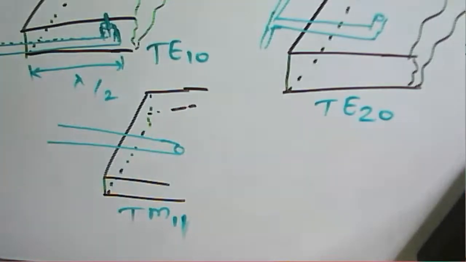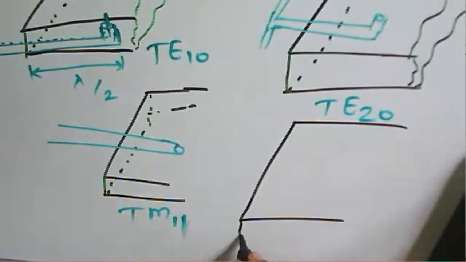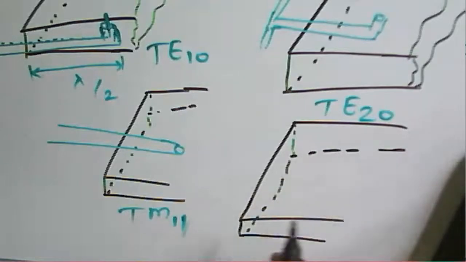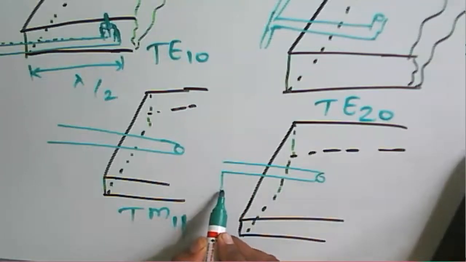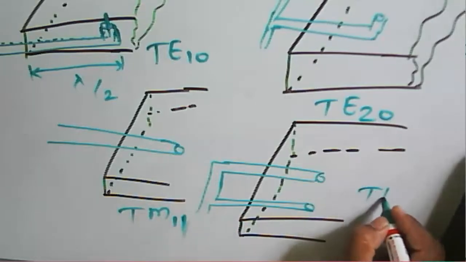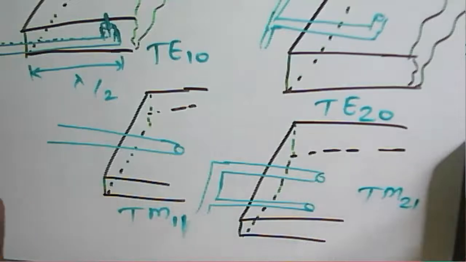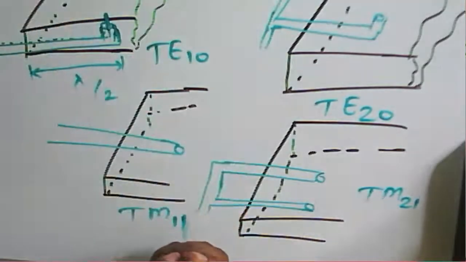And then in a similar way, if we are using two probes, this is a direct one. We consider a direct probe here, using two probes. So you can say that is TM21.